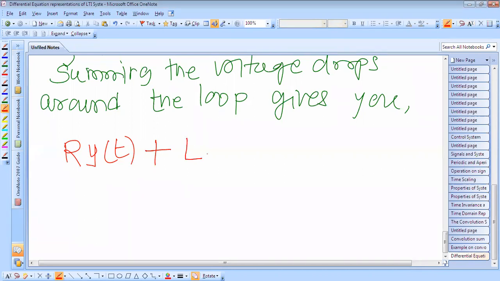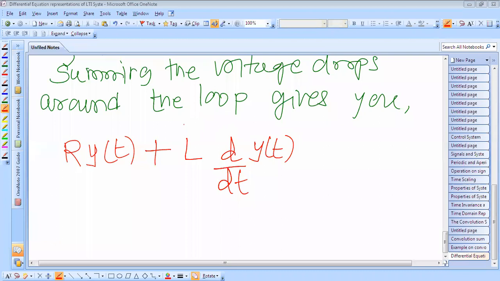The voltage across the inductor is nothing but L times d of y of t by dt.